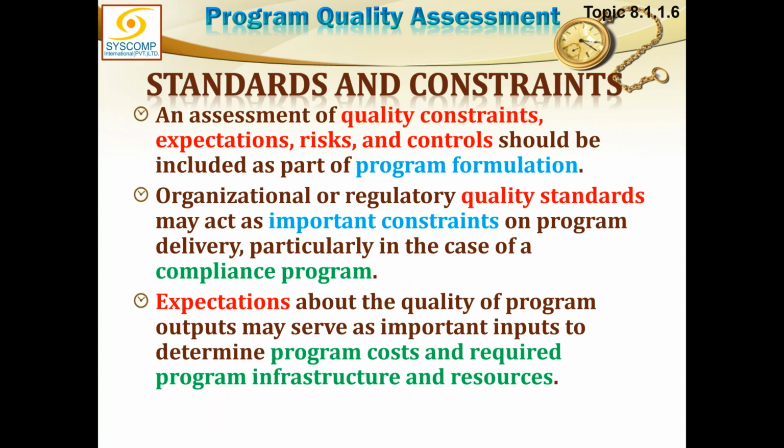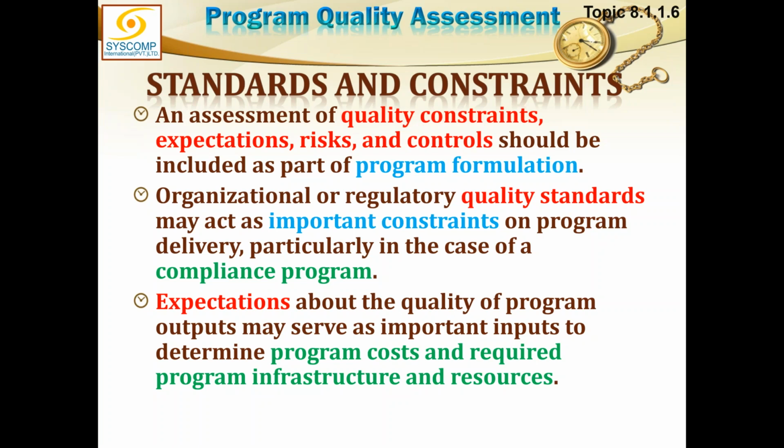As far as quality is concerned, an assessment of quality constraints, quality expectations, risks in quality, and how to control the quality should be included as part of the program formulation. Organizational and regulatory quality standards may act as important constraint on program delivery, particularly in the case of a compliance program.